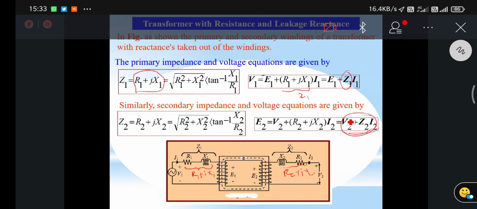So V1 equals E1 plus Z1 I1 and E2 equals V2 plus Z2 I2. These are the two relations, the voltage equations of the transformer with respect to primary and secondary.